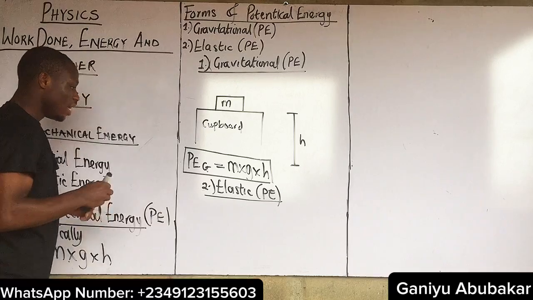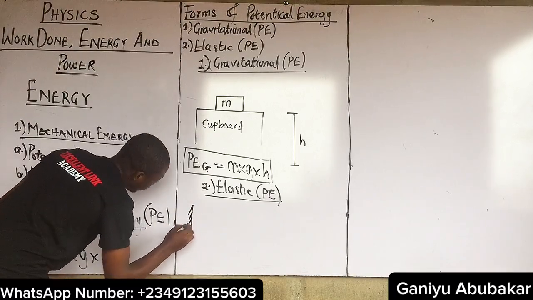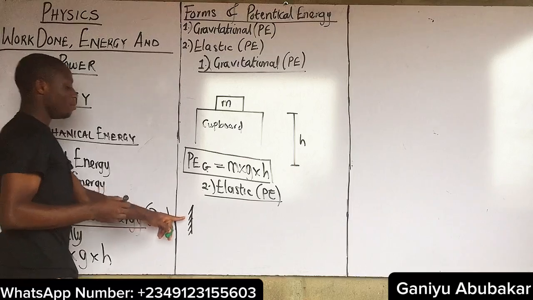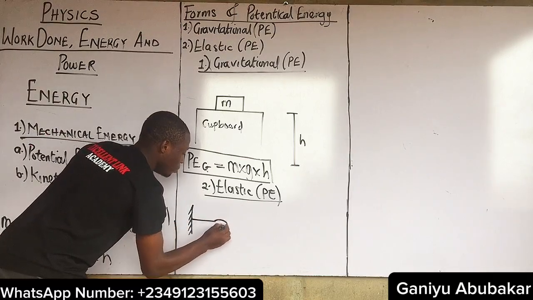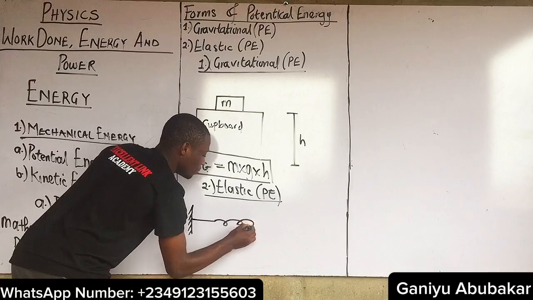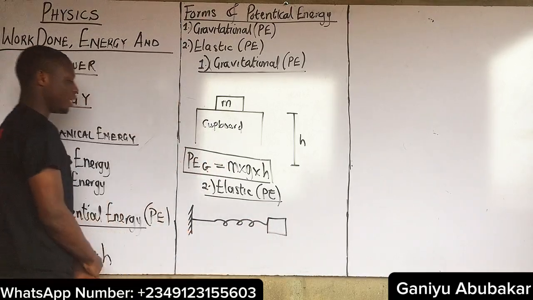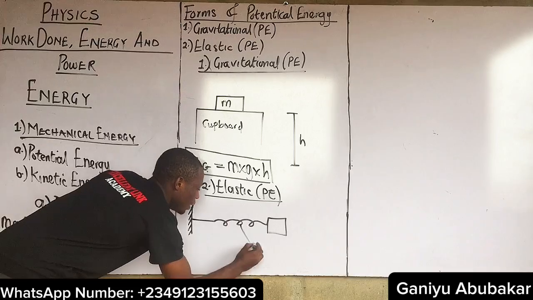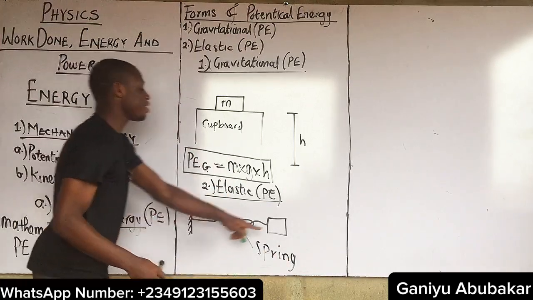For instance, let's say I have a fixed point this way, and I have a spring attached to a particular object. This one here is the spring, right? So this is the mass of the body.